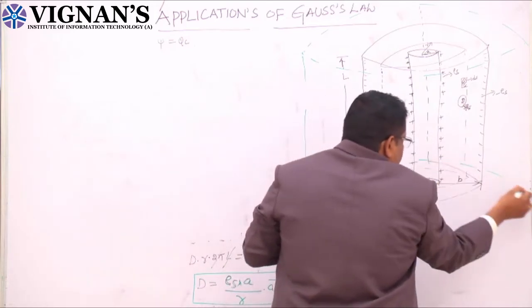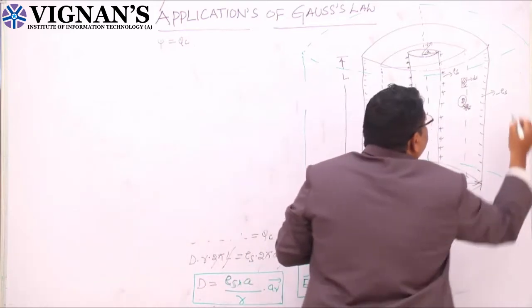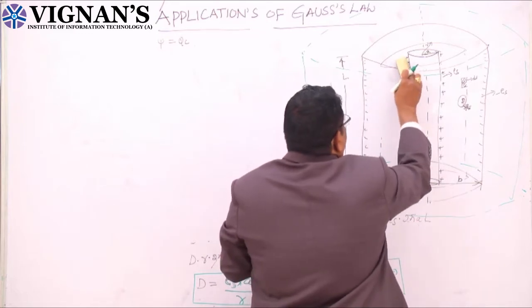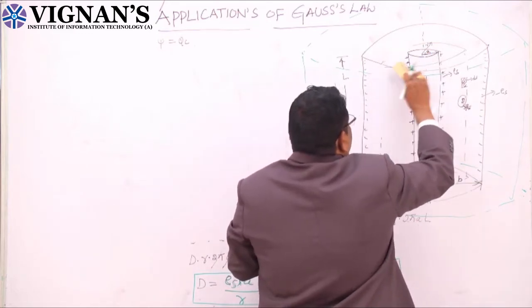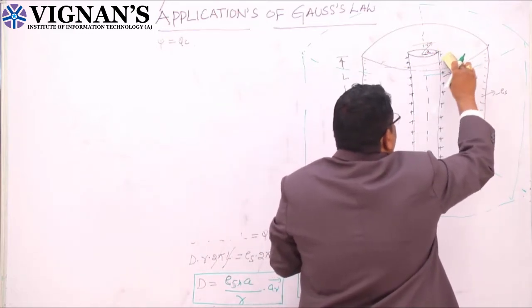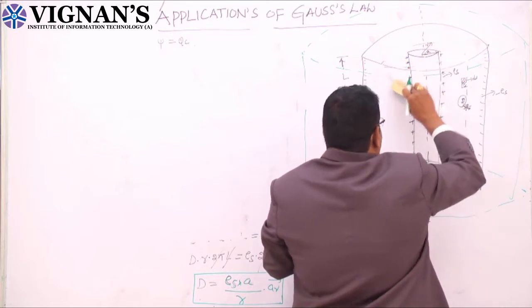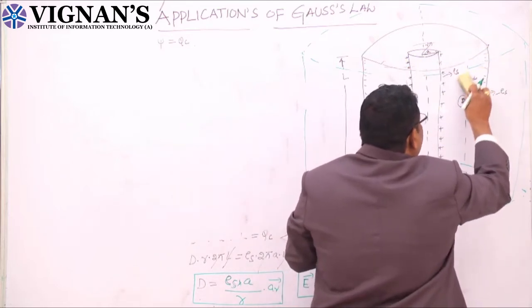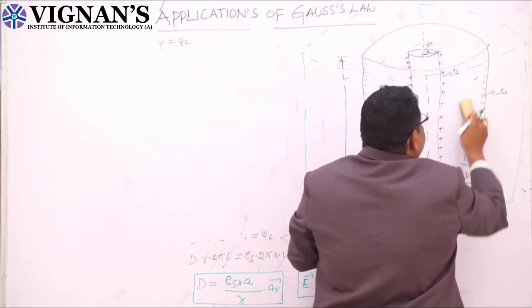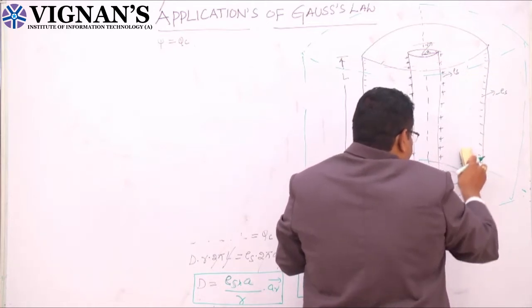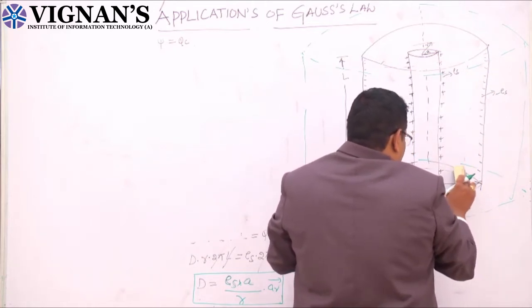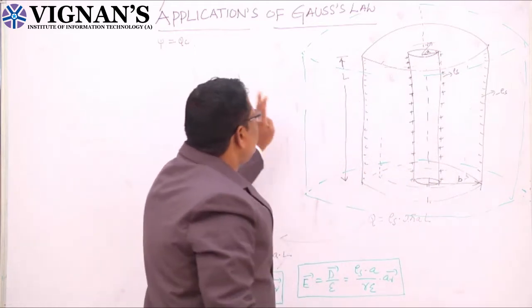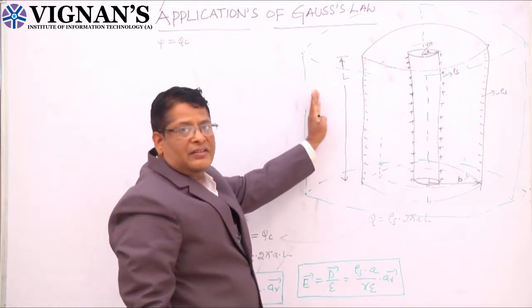Why have we taken the Gaussian surface in this manner? Because we want to find the electric field intensity outside of a cable.